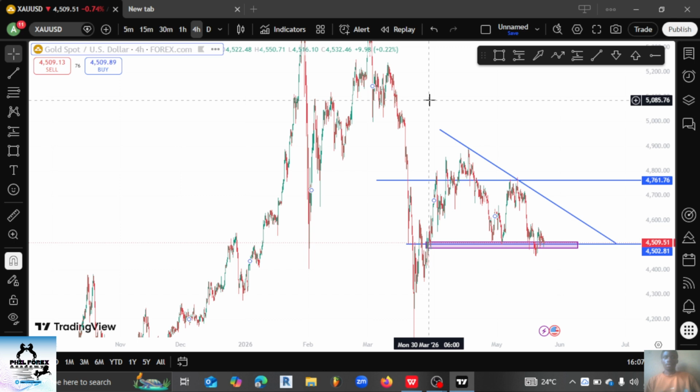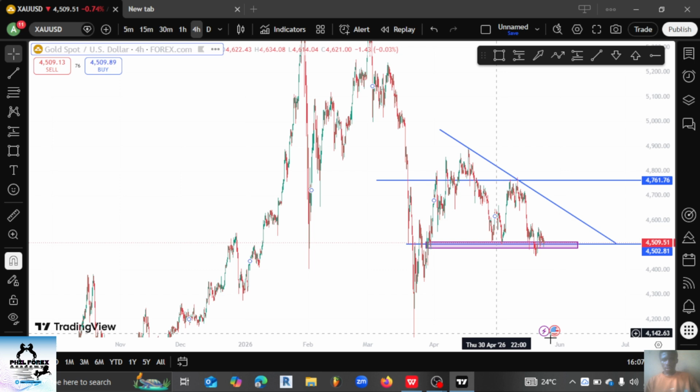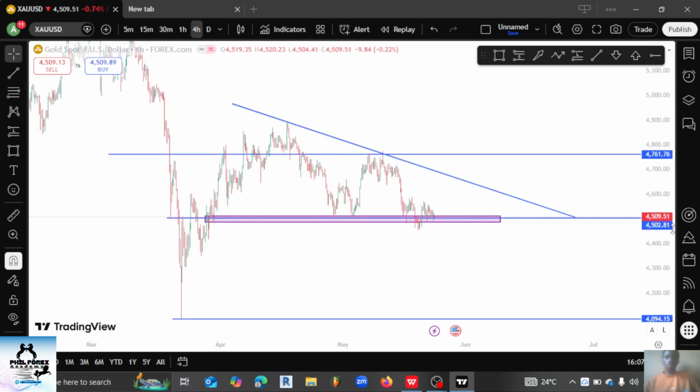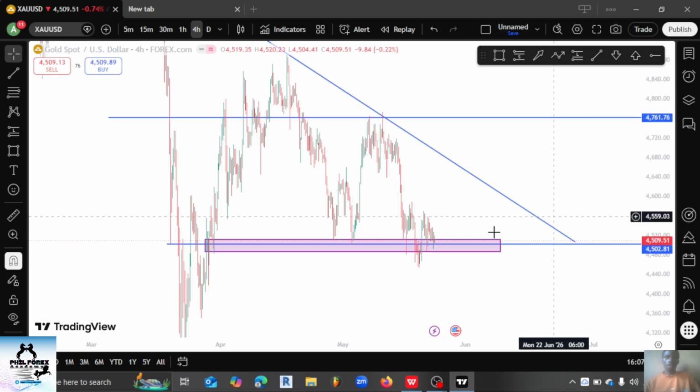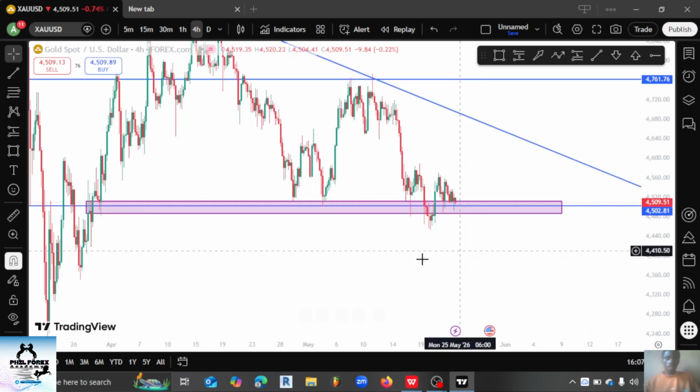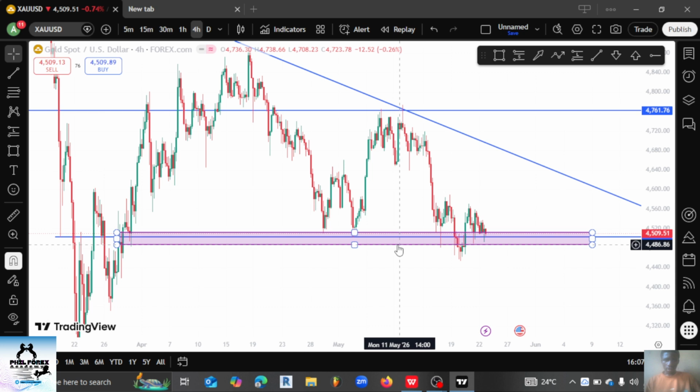So the market is trying to reverse and come back to retest this support before finally going back up. So what are we going to do? What we are going to do here is to look for sell positions, right? But we still have to be careful about this place, right?